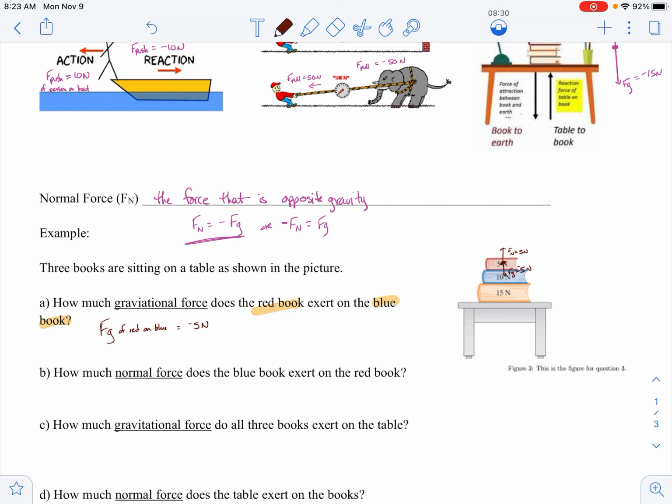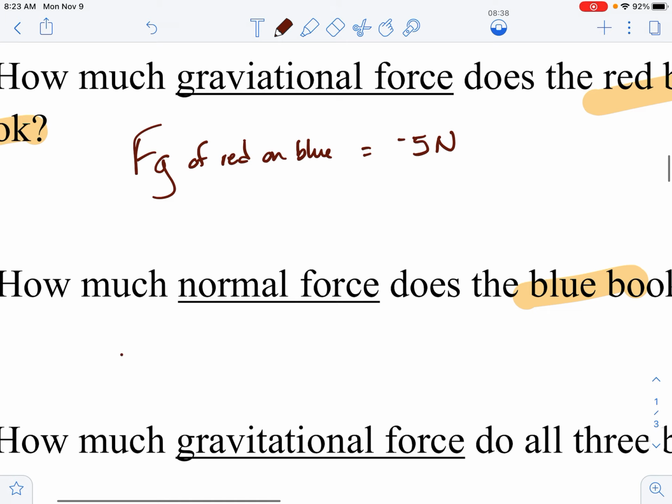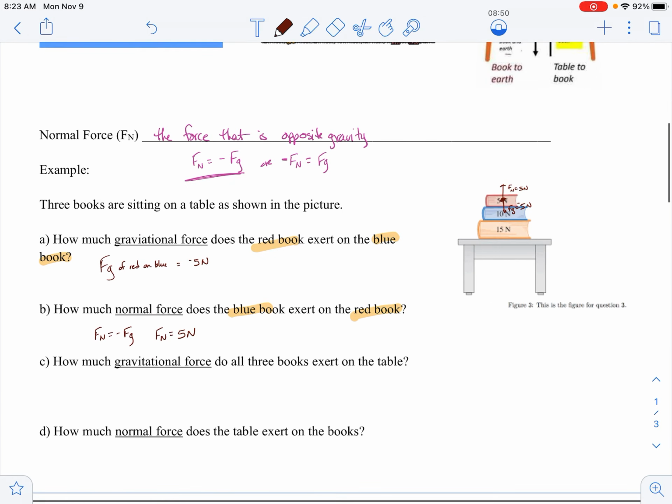All right, so now we're going to say how much normal force does the blue book exert on the red book? Well, that's equal and opposite going up. So I know that normal force is going to be equal and opposite to gravitational force. So that means that my normal force is going to be positive 5 newtons. And now you're going to say to me, but Mrs. Parent, that blue book says 10 newtons.